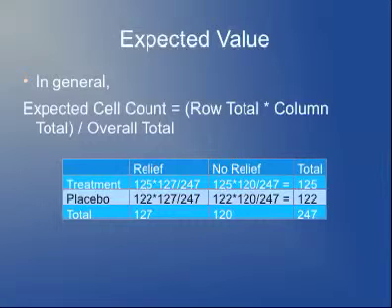The expected count for pain relief in the placebo group would be row total 122 times column total 127 divided by overall total 247, and so on for each possible cell. In practice, once again, R will do this for you. You don't have to bore yourself too much with the details, but it's useful to know how this is done just in case you ever need to do it by hand.